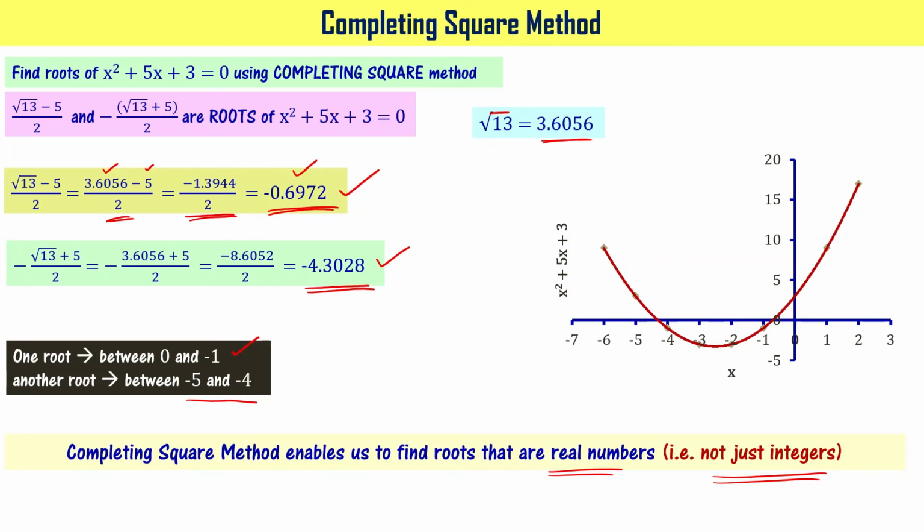But when you have some real number which is not an integer as the root of the equation, the splitting the middle term method is very tricky. You don't get it because we don't know how to get such factors, right? Even if you know that, it is going to be very tedious. So the completing the square method is much easier to solve such equations. Understood?